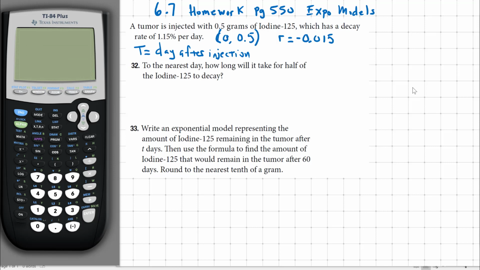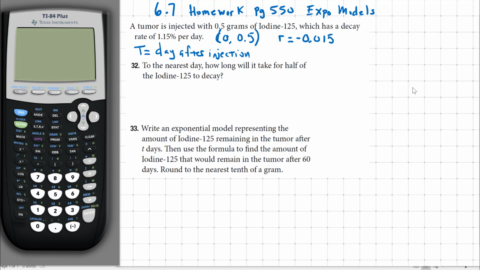I wrote down a few things that we already know. The tumor is injected with 0.5 grams of iodine-125, which has a decay rate of 1.15% per day. So we're going to let T equal days after the injection.